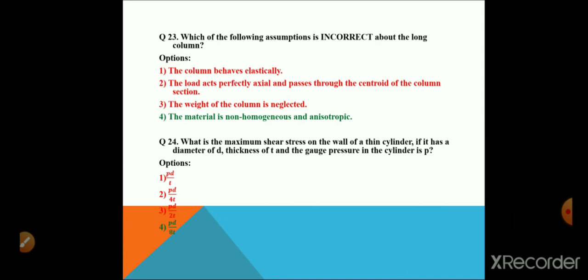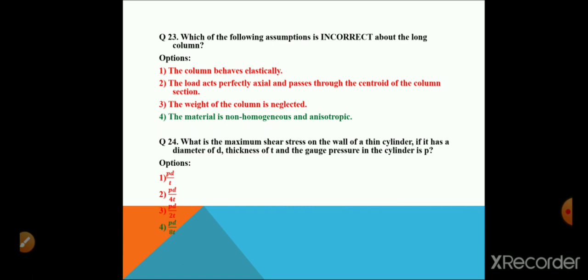Which of the following assumptions is incorrect about the long column? Several options are there, but the correct option is that the material is non-uniform and anisotropic.